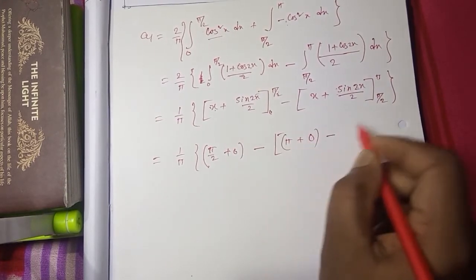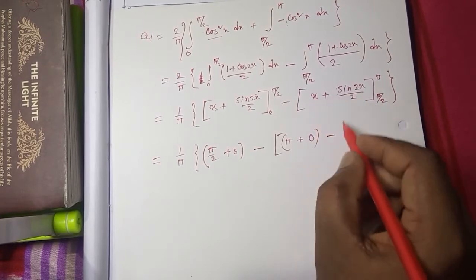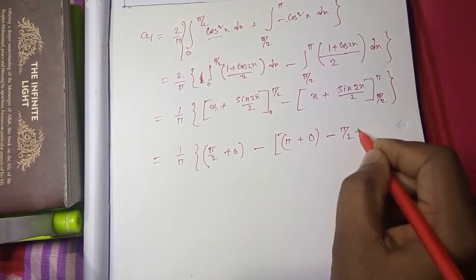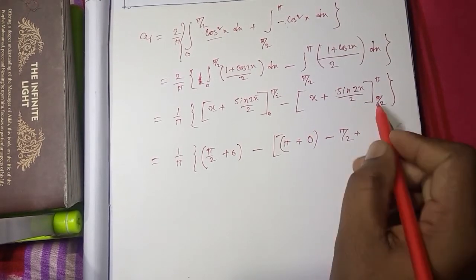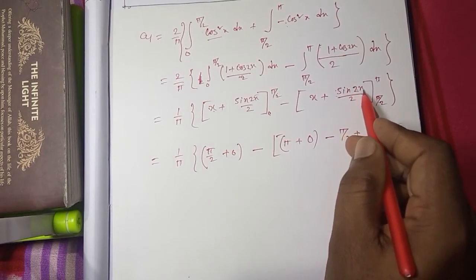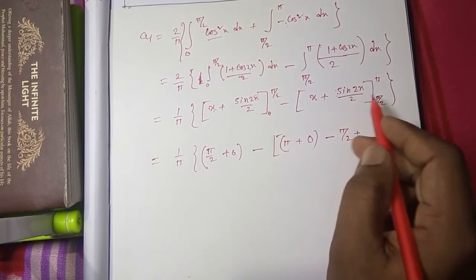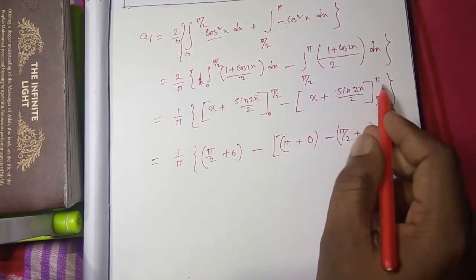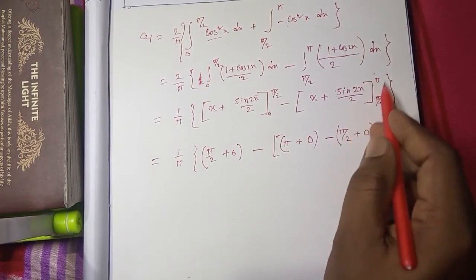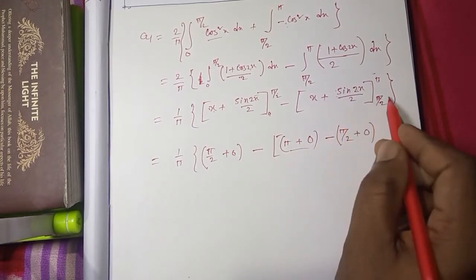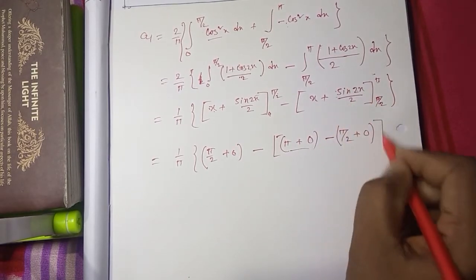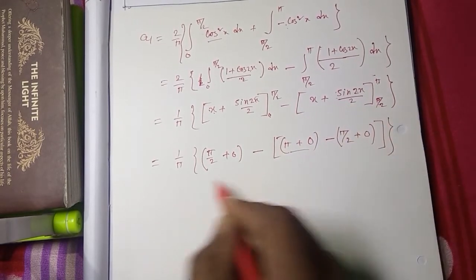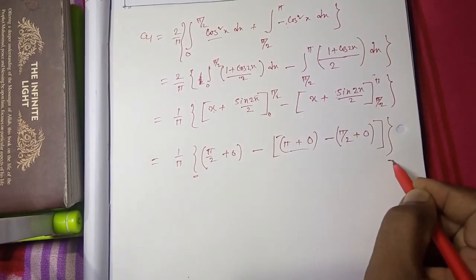If we put lower limit here, pi by 2, therefore pi by 2 plus, 2 into pi by 2, this is sine pi equal to 0. Actually this is a limit. We put upper limit in this term, lower limit in this term, and this bracket is complete here.